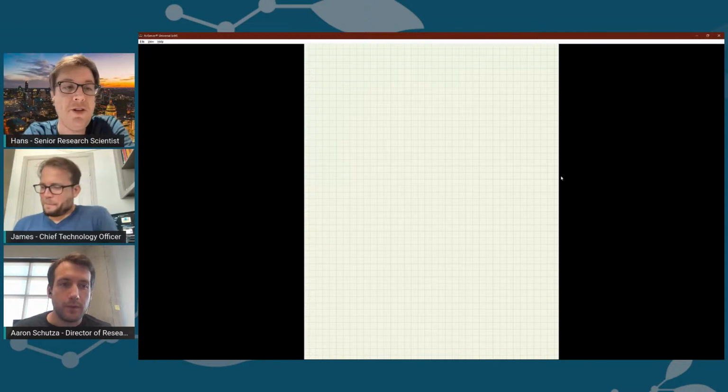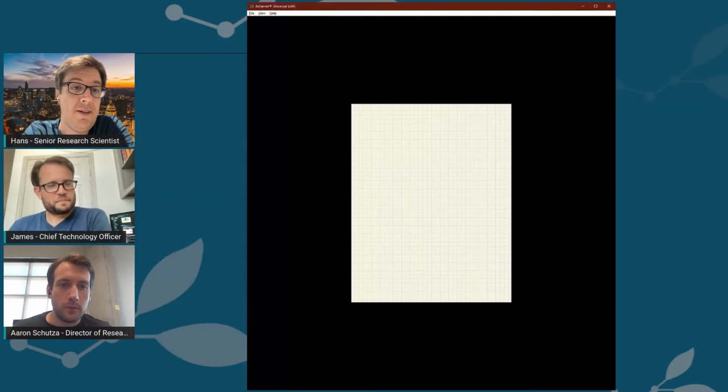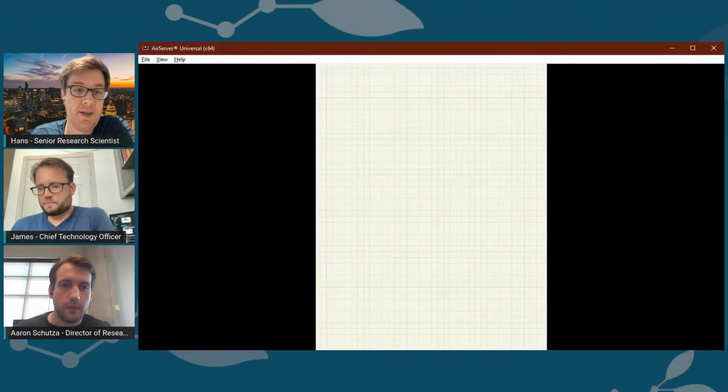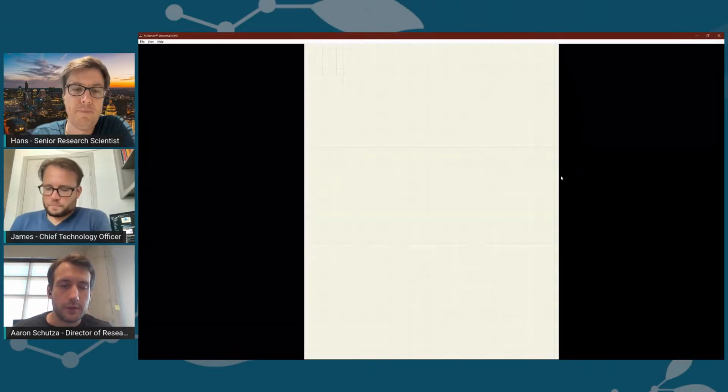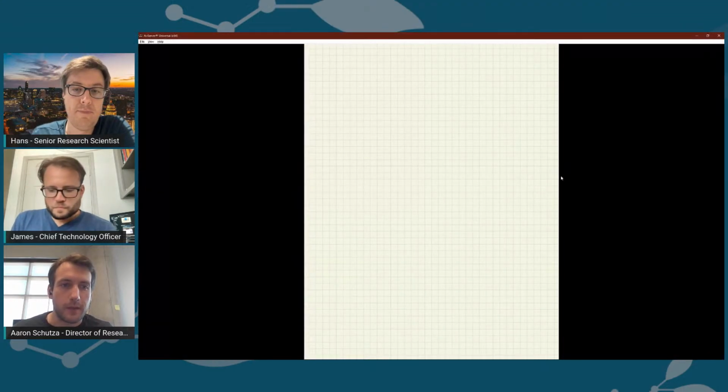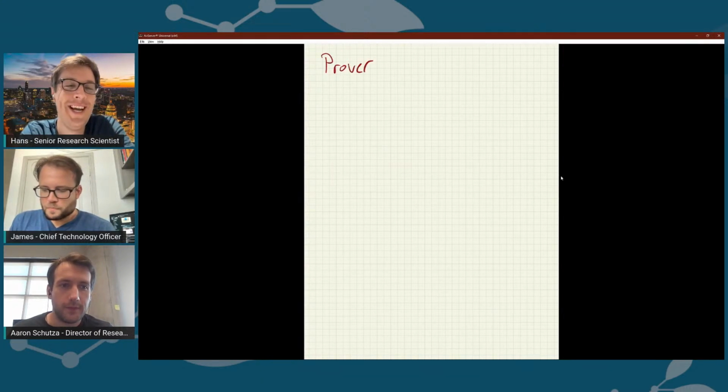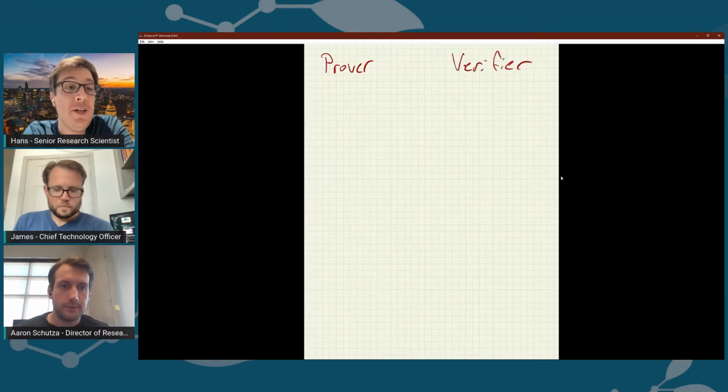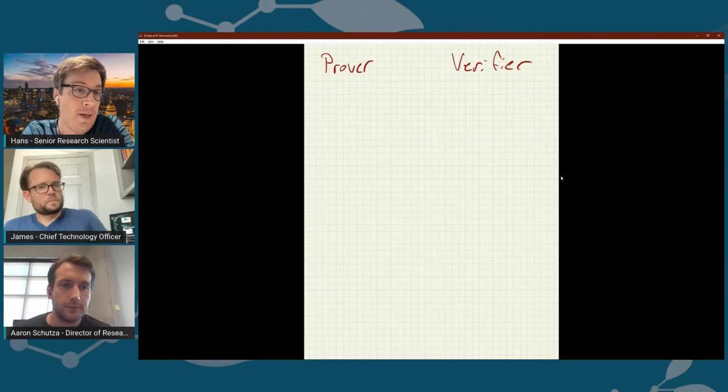Okay, so we've got two people, and they're interacting. We've got a prover and a verifier. Those are our two parties. So what is it about a Schnorr signature scheme that makes this a good example for starting out with Sigma protocols? That's a great question. It was a good example for me because it's very straightforward.